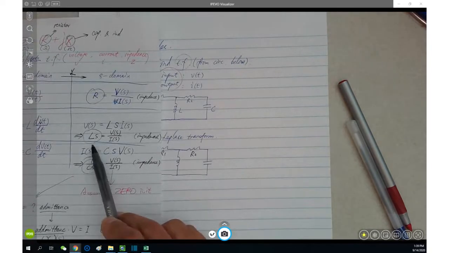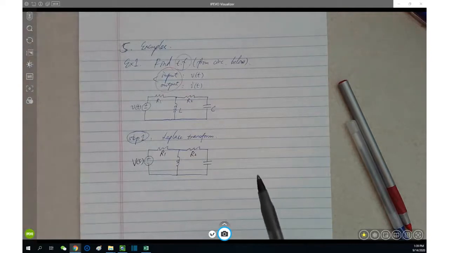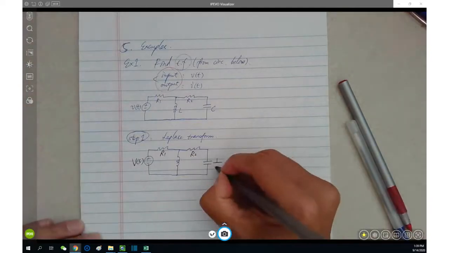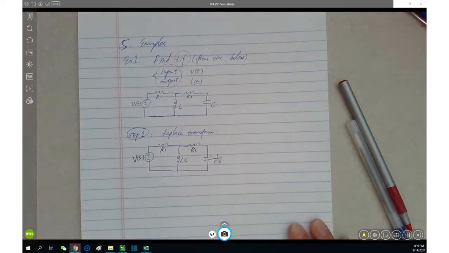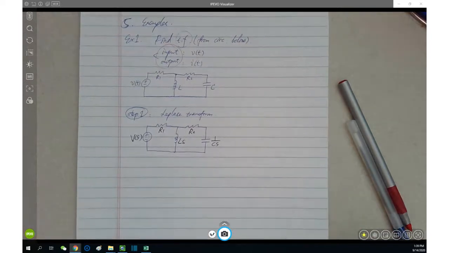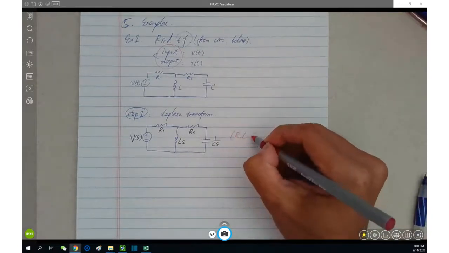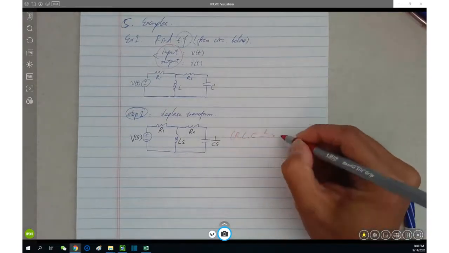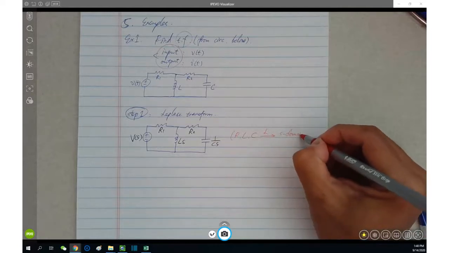Impedance of C is what? 1 over CS. So we got everything here. Does it make sense? So Laplace transform, done. Much easier than we thought. Pretty much here we are converting RLC all into S domain impedance.